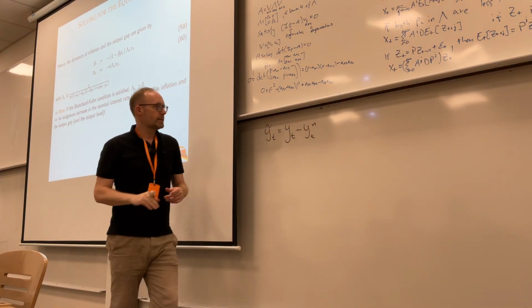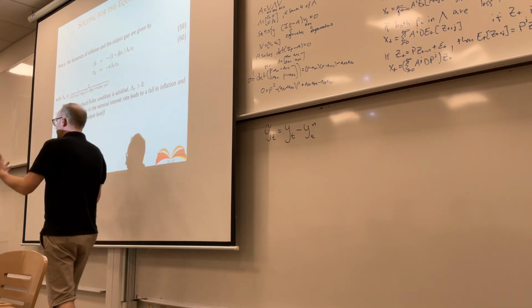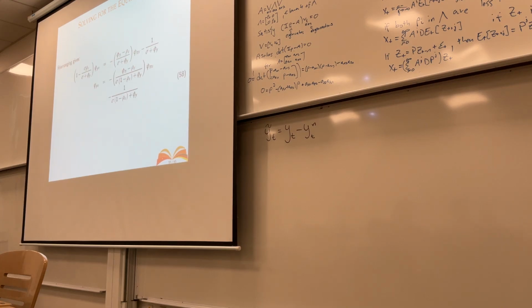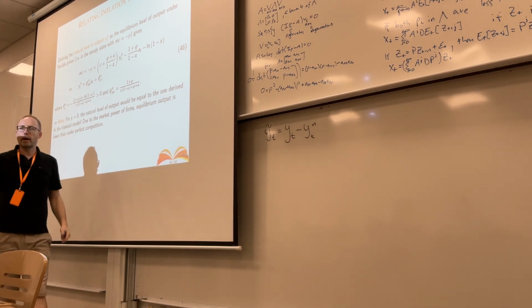The output gap is the difference between actual output and the natural level. The natural level is the level of output that we would have in the absence of price rigidities. And we saw that this level depends on, and only on, the realization of productivity.